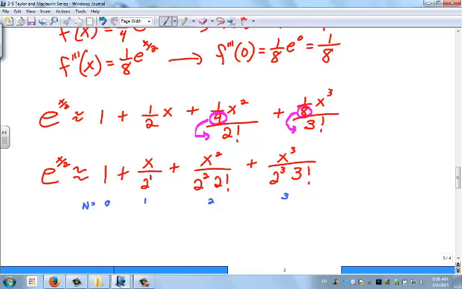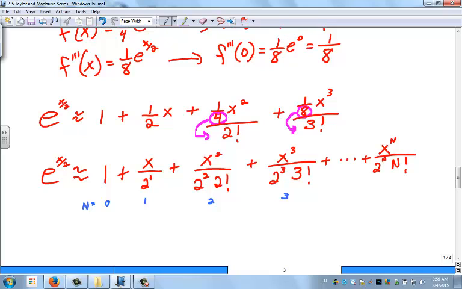Well, I can actually say that this is equal to any term that follows: does the power on x match the n? Yes, it does. So it's x to the n over 2 to the n times n factorial. That's going to work every single time.